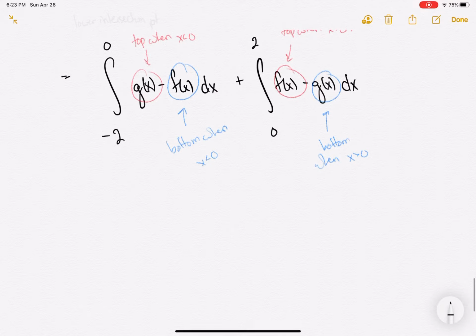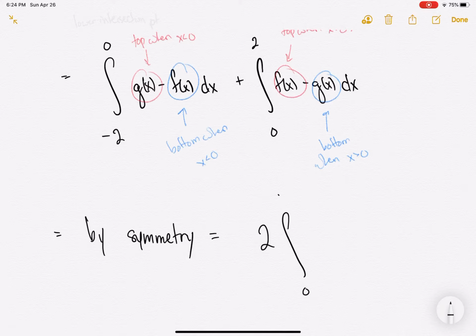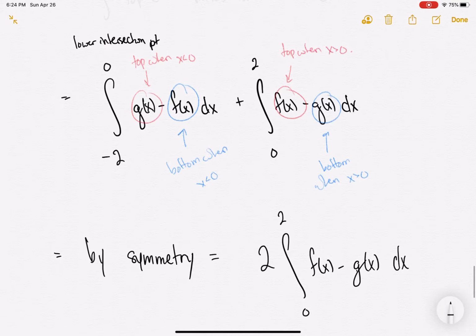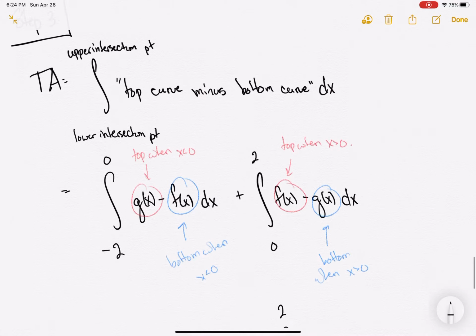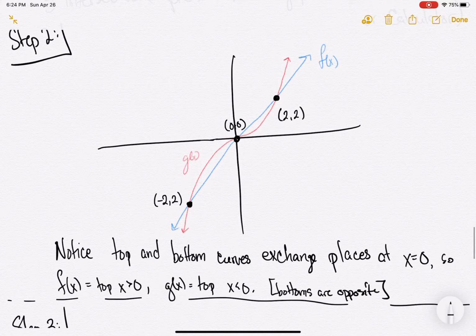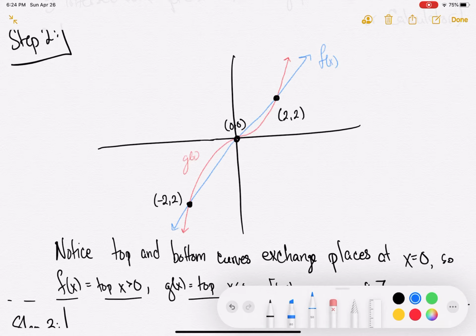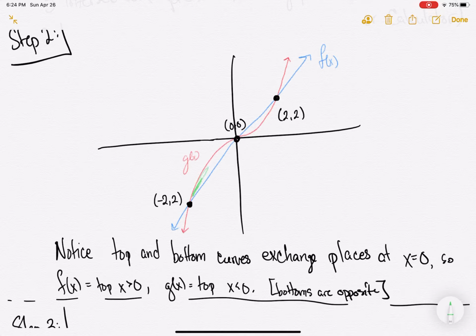I'm going to say this now, but you don't have to use it. By symmetry, this is just 2 times the integral from 0 to 2 of f of x minus g of x. It's just going to save myself some time. Look at the graph. It's clearly very symmetric. This is the area we're looking at, right? The green part.